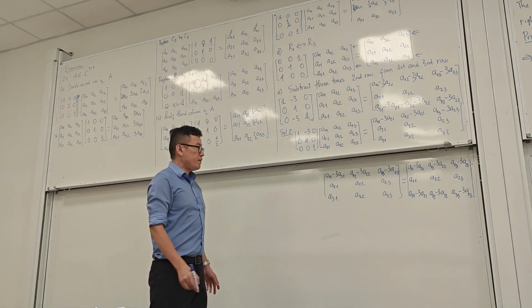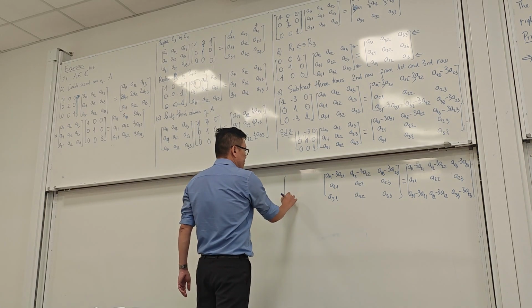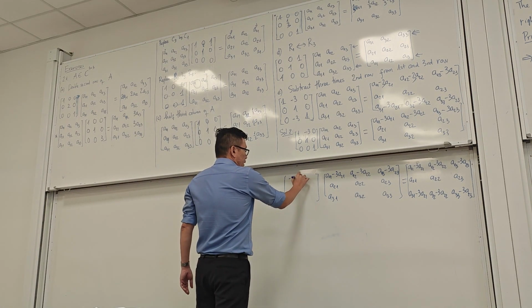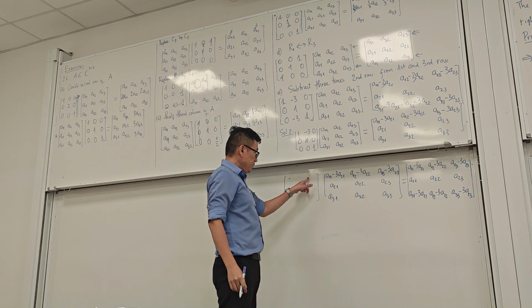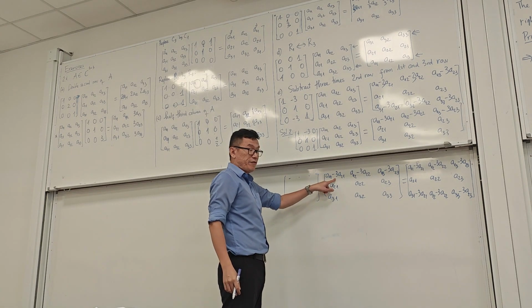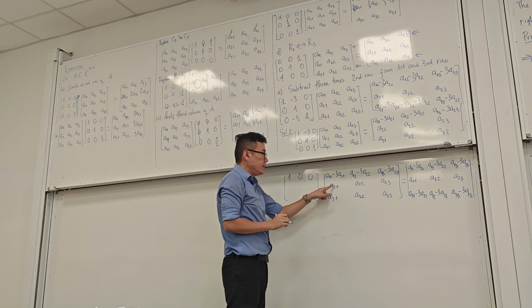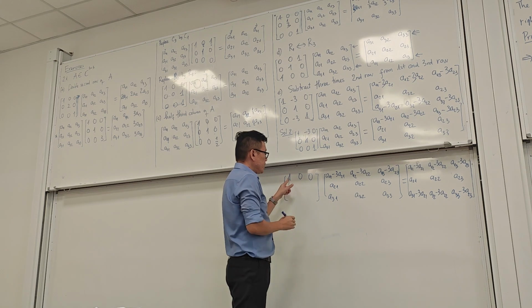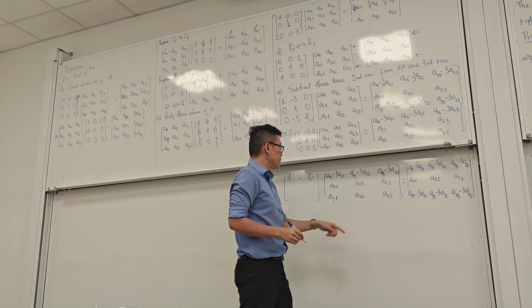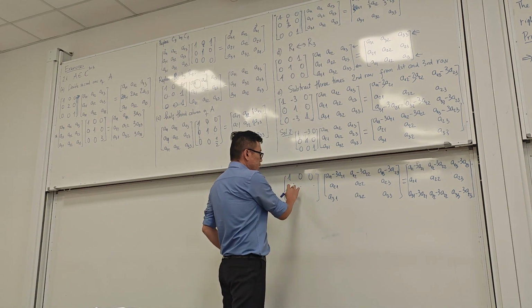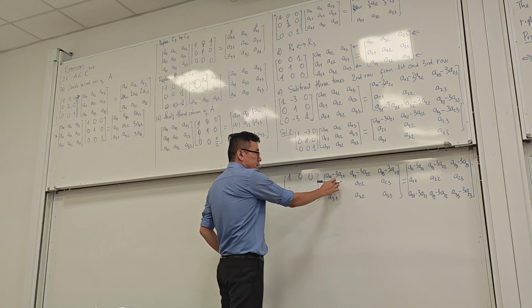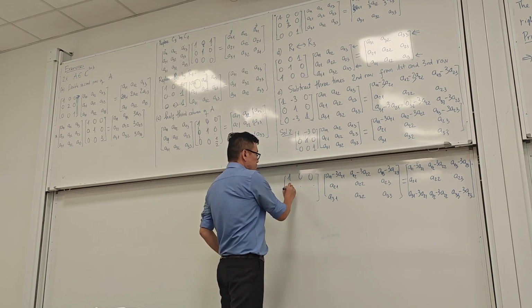Okay? But if I do that, what matrix do I multiply with here? This one multiplied with this one, I should have the first row, therefore it should be 1, 0, 0. Yeah, you can see you multiply like this, keep this one. Now, this one I multiply with this one, I should have the second row: 0, 1, 0.